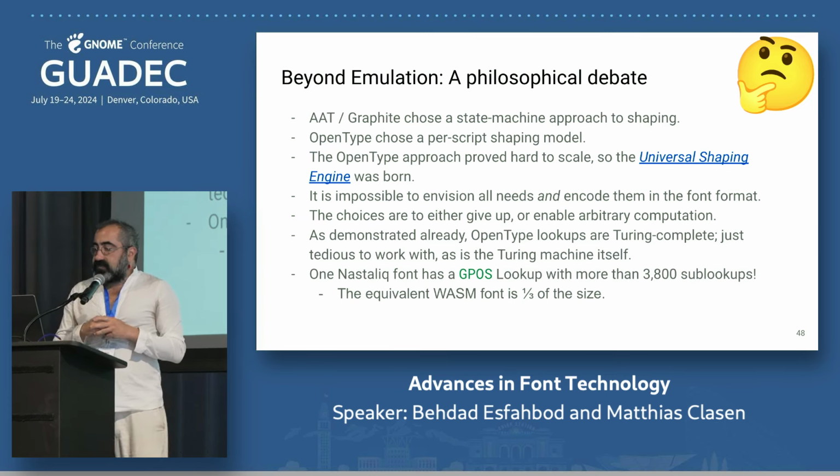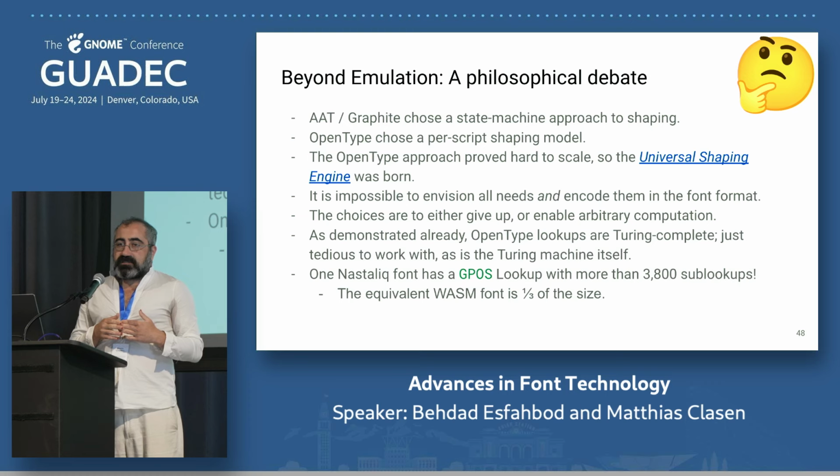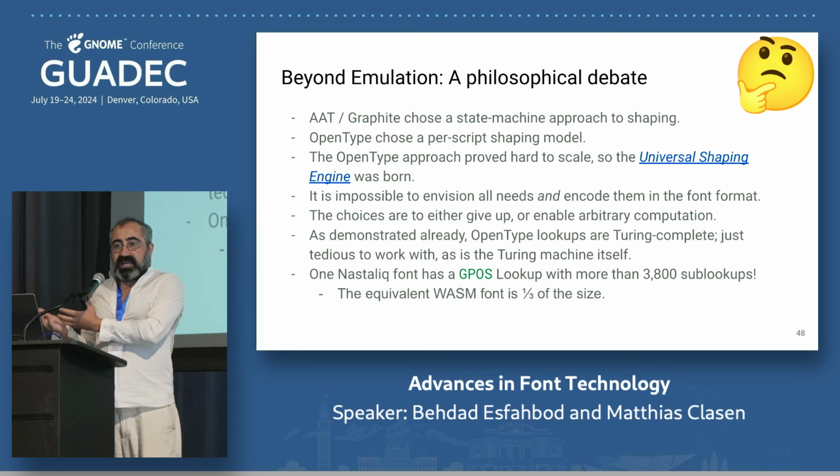So AAT and Graphite chose a state machine way to represent shaping logic. OpenType decided to factor out the script-specific logic and put it in the standard. However, over 15, 20 years, that approach proved to be unscalable as Unicode introduced new scripts.